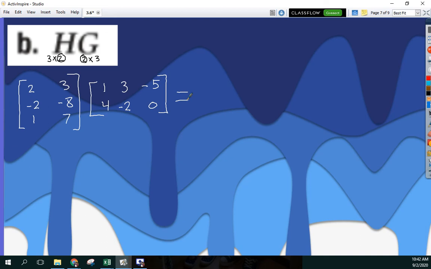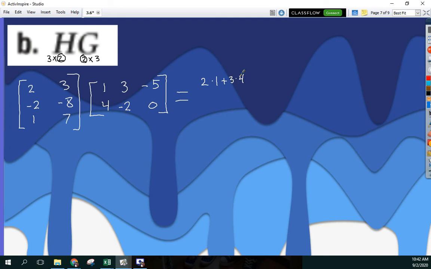So I'm going to do 2 times 1, so first entry. Remember, we're going to go across our first, so plus 3, down our second, so times 4. And we only have 2 entries this time in each row and column, so we only have to add 2 things.